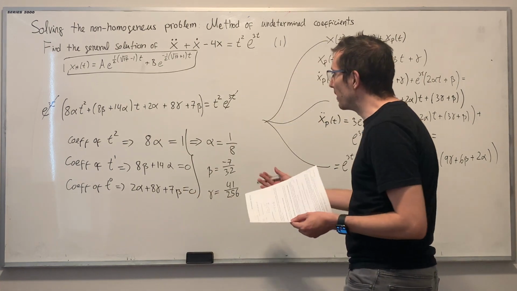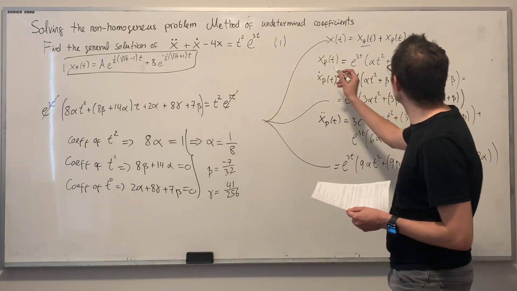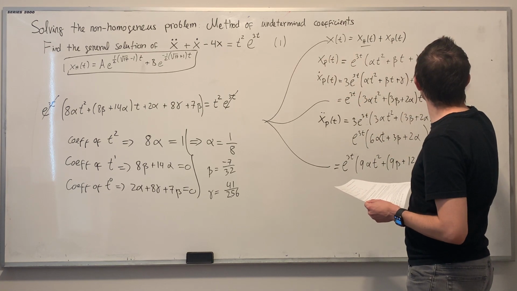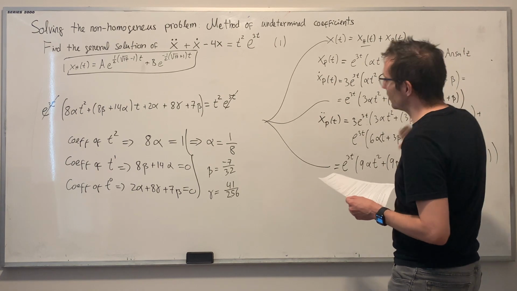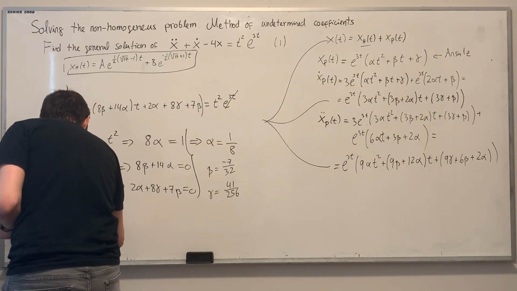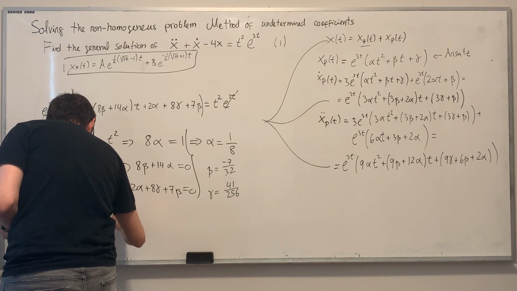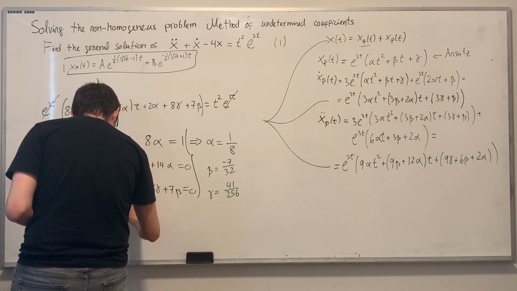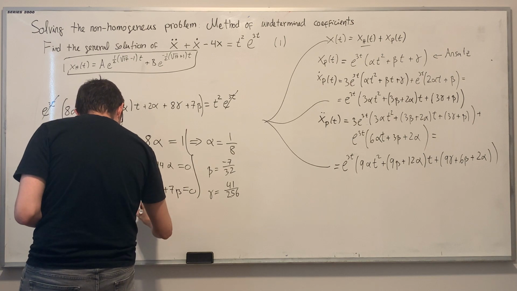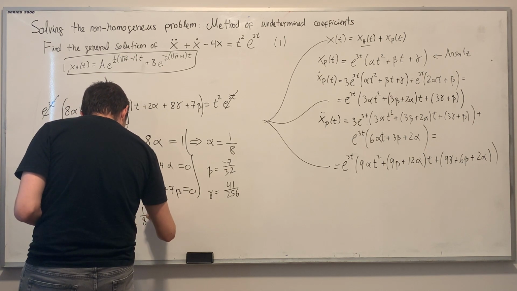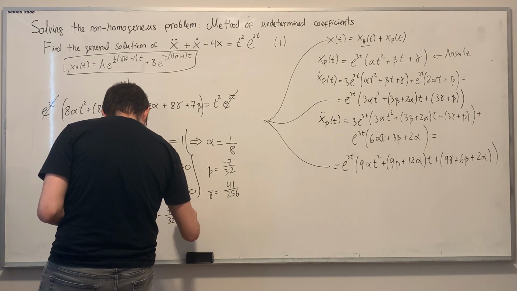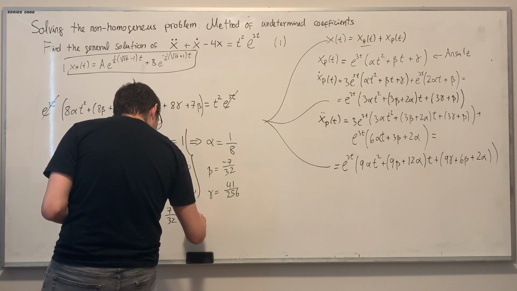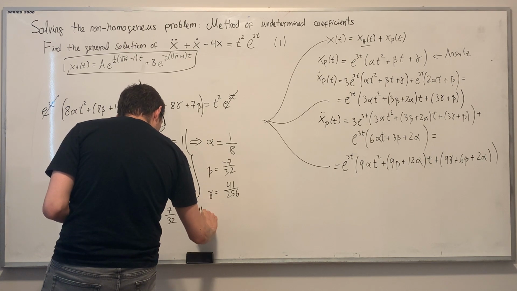All right, that means that I have the solution. The solution is of this form, the original answer. So we substitute the coefficients and we get that the particular solution is equal to the exponential of 3t multiplying 1/8 t squared minus 7 divided by 32 times t plus 41 divided by 256.